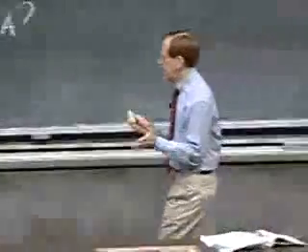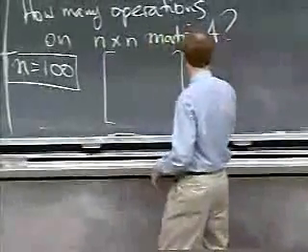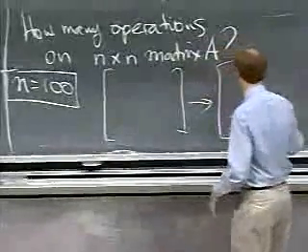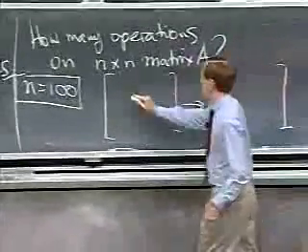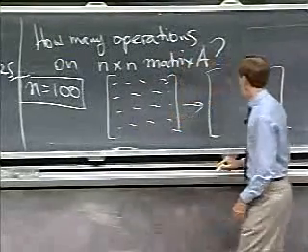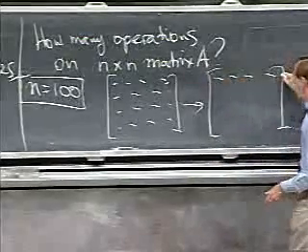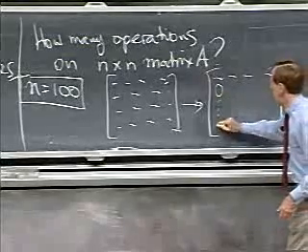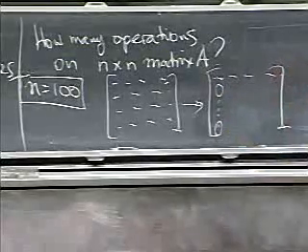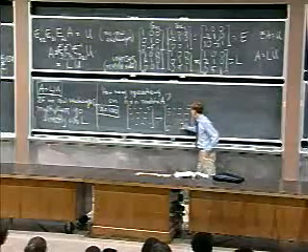But just think for a moment about the first step. So here's our matrix A, 100 by 100. And the first step will be that the column has zeros down here. So it's down to 99 by 99.